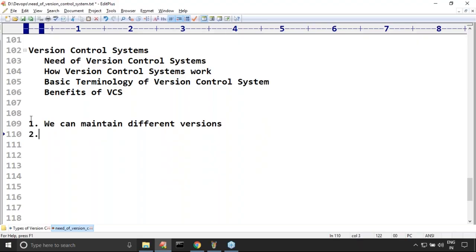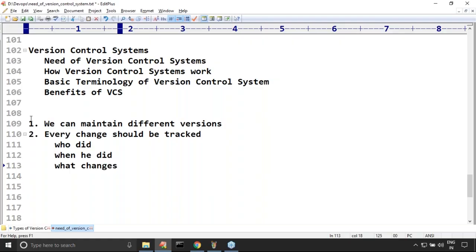Next, every change should be tracked: who did the change, when he did the change, and what changes he did. Everything should be tracked.